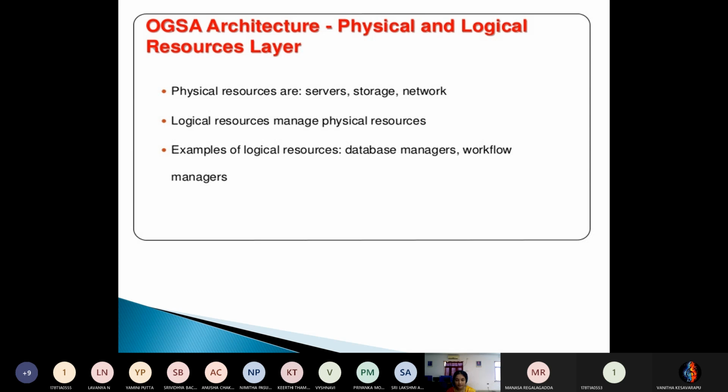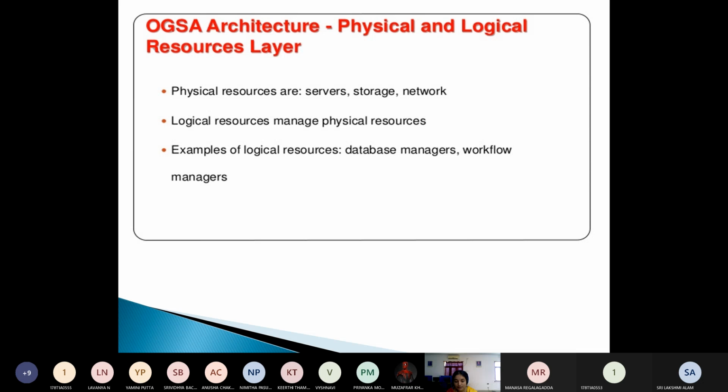So the first layer is the physical and logical resource layer.